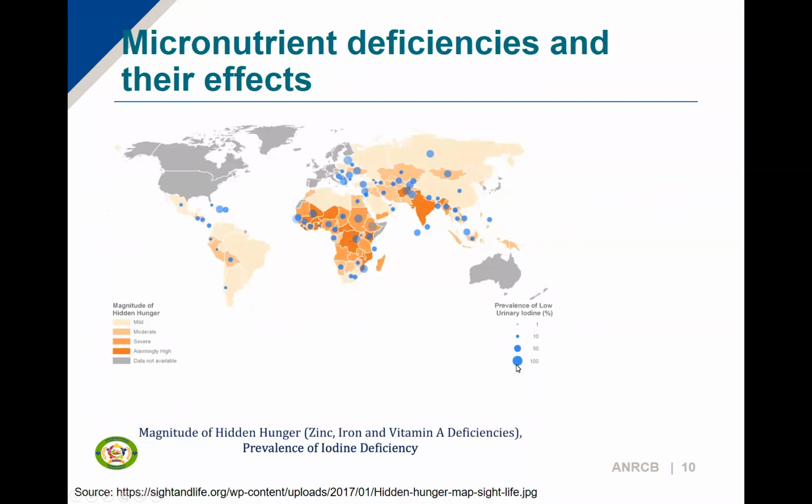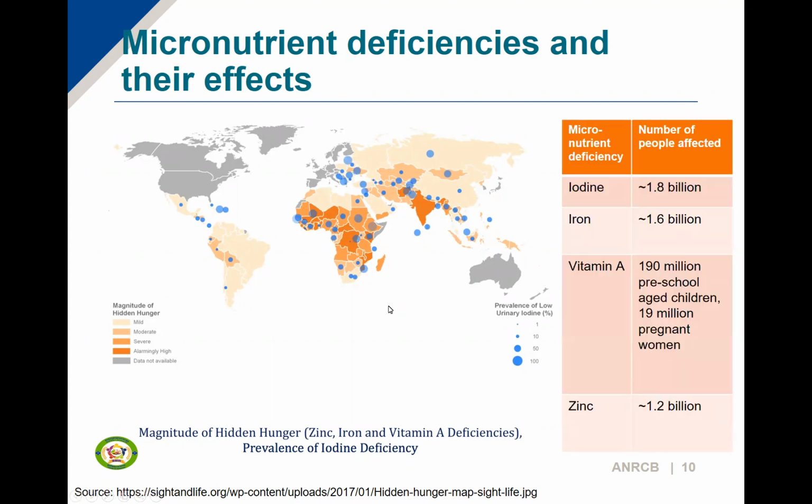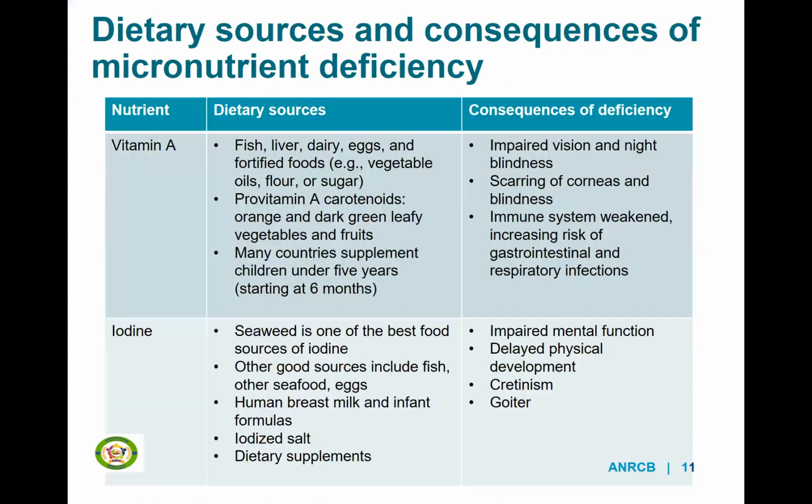The blue dots indicate the extent of iodine deficiency. So bigger dots are more deficiency, and the dark orange color is more concern about hidden hunger here. If you look at the actual numbers for these kinds of micronutrient deficiencies, we are talking about billions of people who are affected throughout the world.